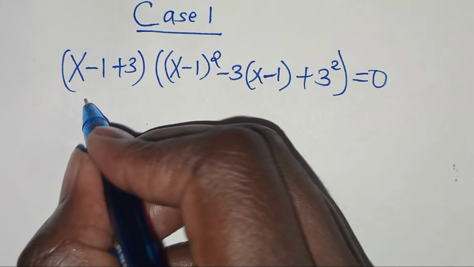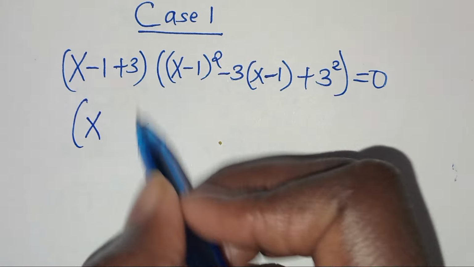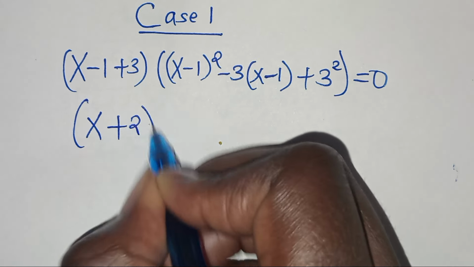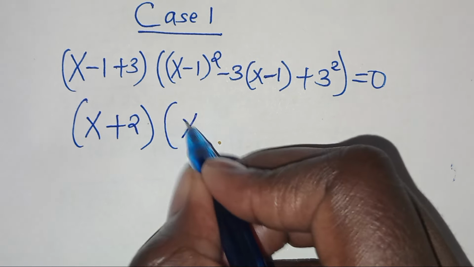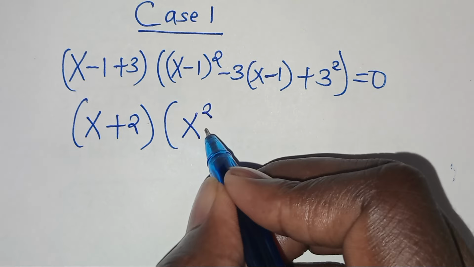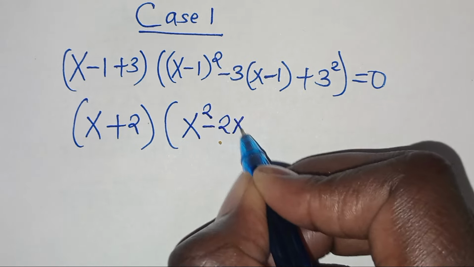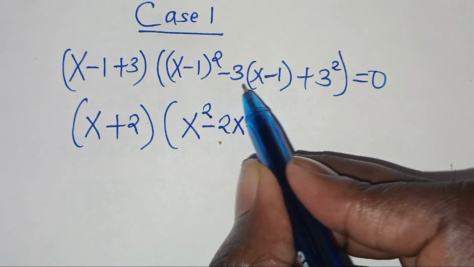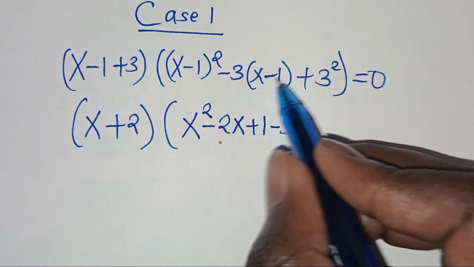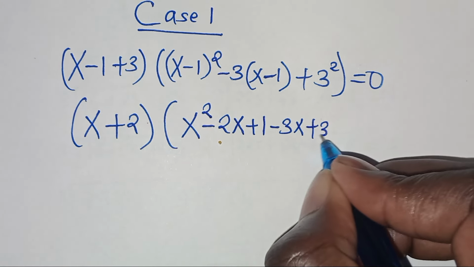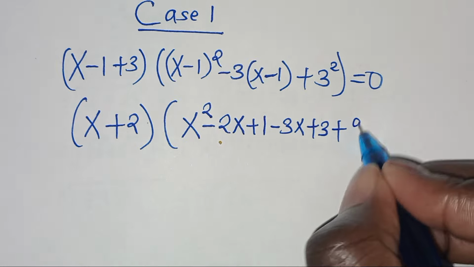Now here we have x - 1 + 3, which is x + 2. Then (x-1)^2 is x^2 - 2x + 1. Let's open the parentheses here: minus 3x, minus 3 times minus 1, this is plus 3. Then plus 3 squared, which is 9.